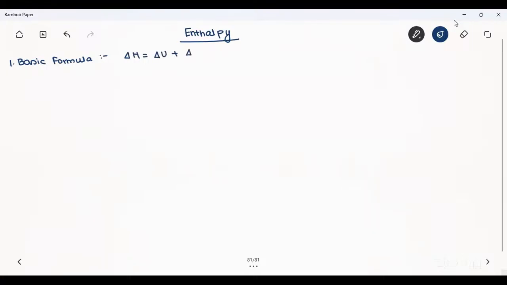It can be either delta PV or it can be something else. In either of these three, we can use it.